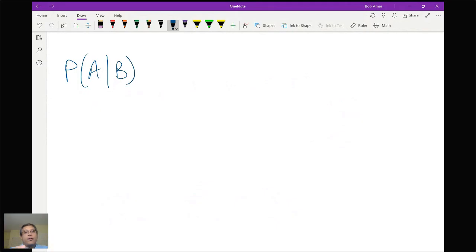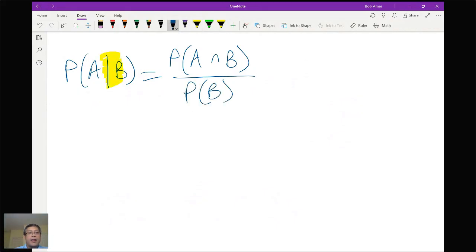The way I like to think about conditional probability is that the probability of A given B is the joint probability, or the probability of A and B together, over B. I think about that as a denominator, so P of B should go in the denominator. That's what's on the formula sheet.